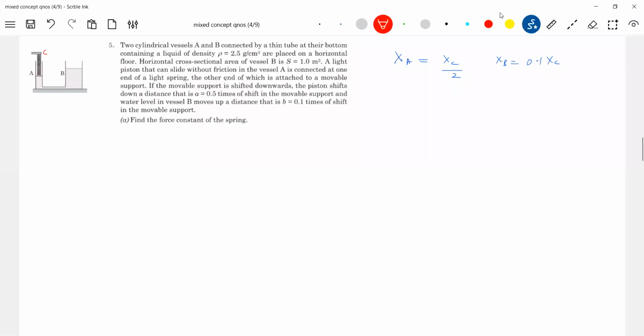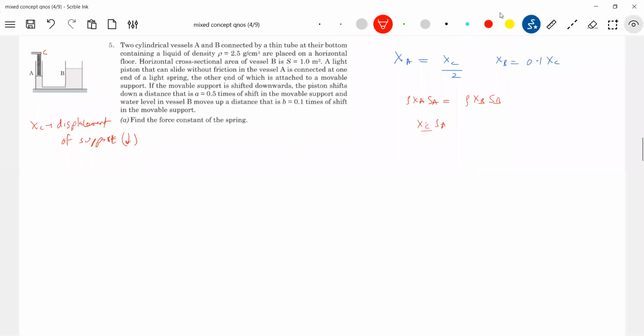From conservation of volumes, rho XA into SA should be equal to rho XB into SB. Rho gets cancelled, so XA is XC by 2. Let XC be the displacement of the support downward, and XB will be upward.